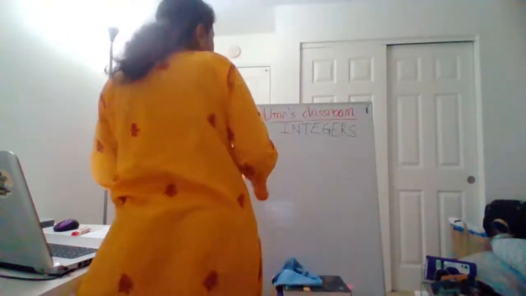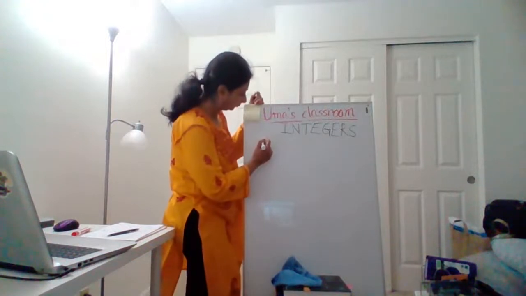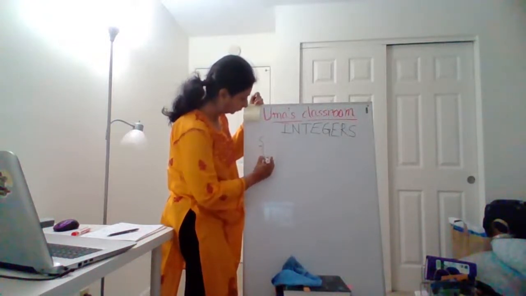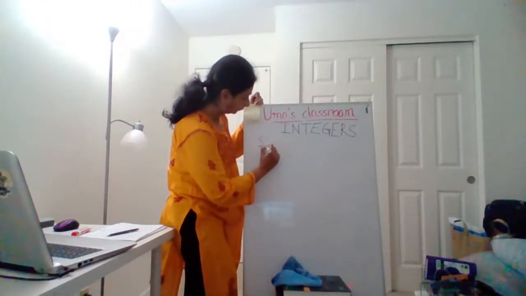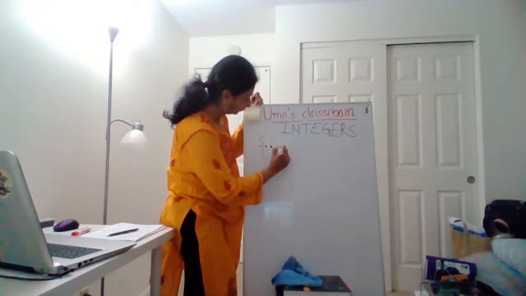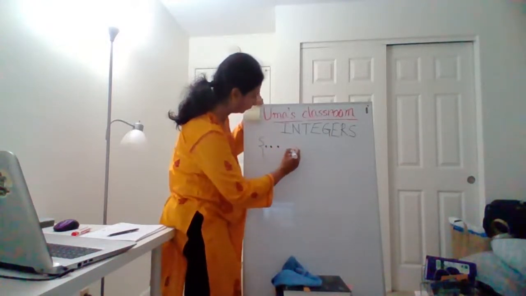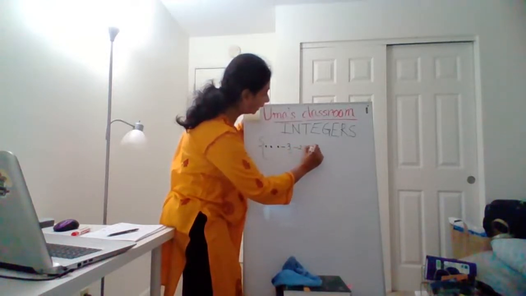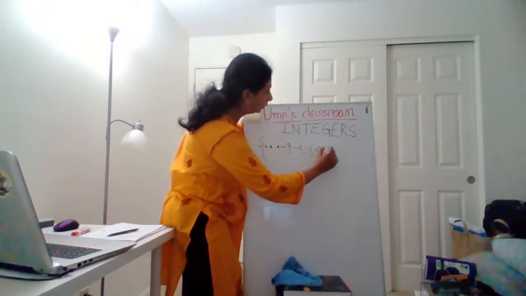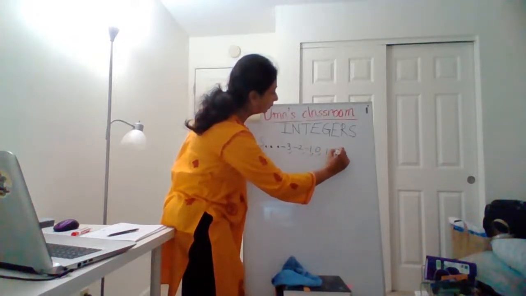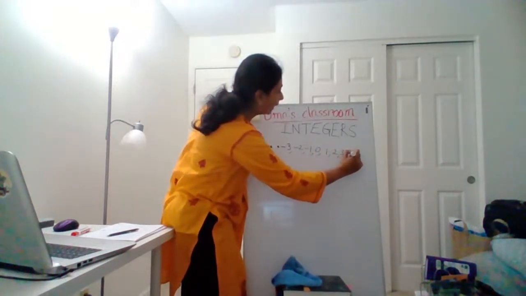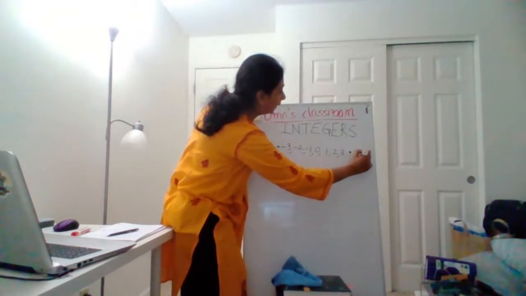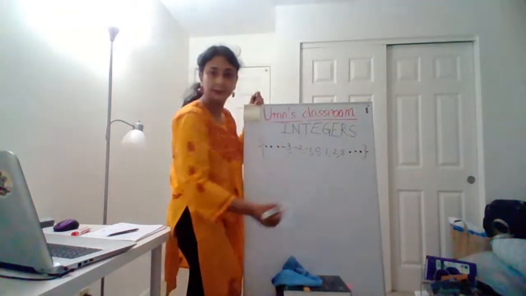I'm writing over here. -3, -2, -1, 0, 1, 2, 3, and then again it ends with 3 dots.